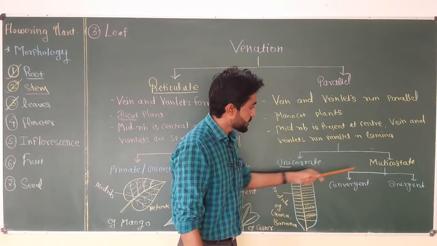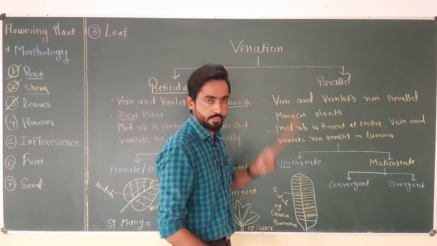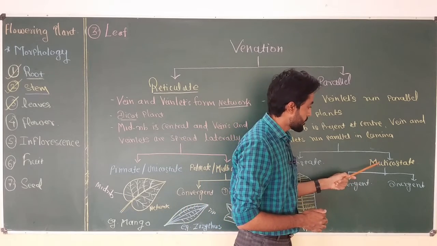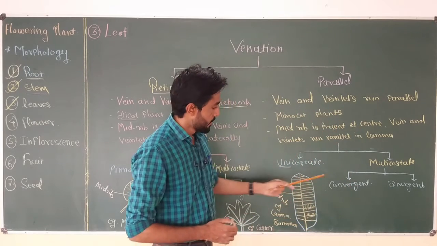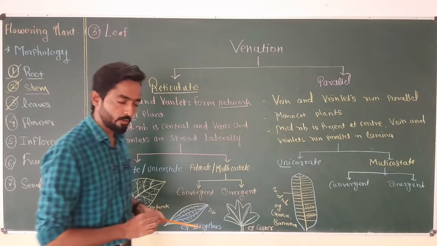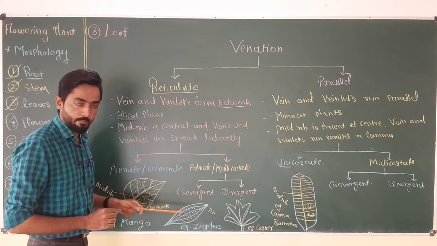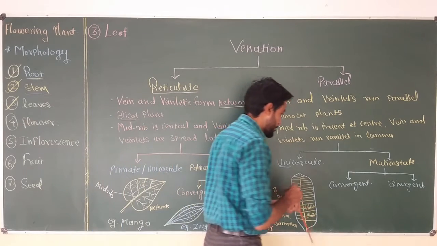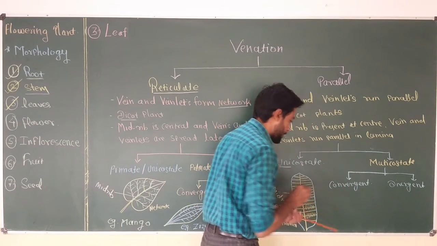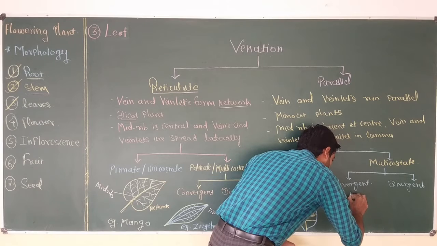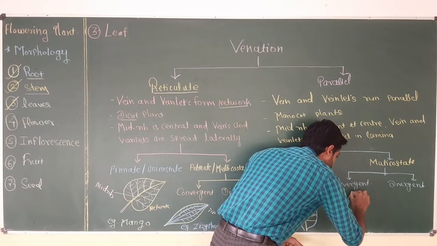So it is convergent multicostate parallel venation and divergent multicostate parallel venation. The convergent multicostate is similar with the parallel type. If we draw the example of a leaf of convergent type, it is going to look like this.